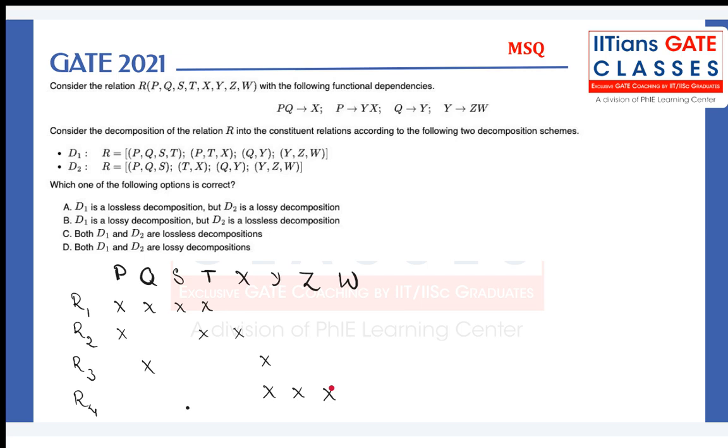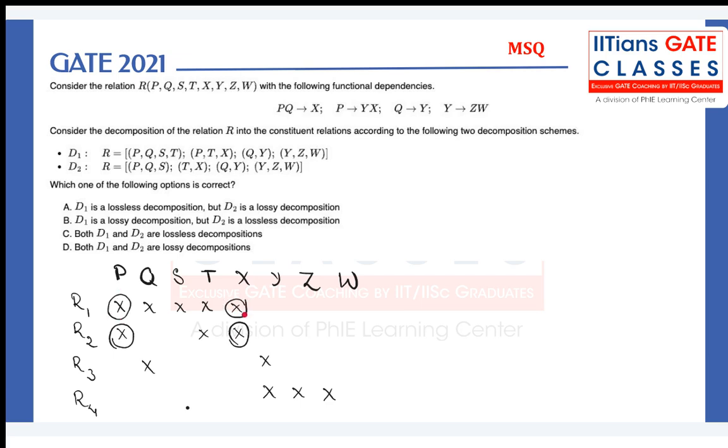Yes. P derives YX means P derives Y and P derives X, so you can break it down into two if you want.